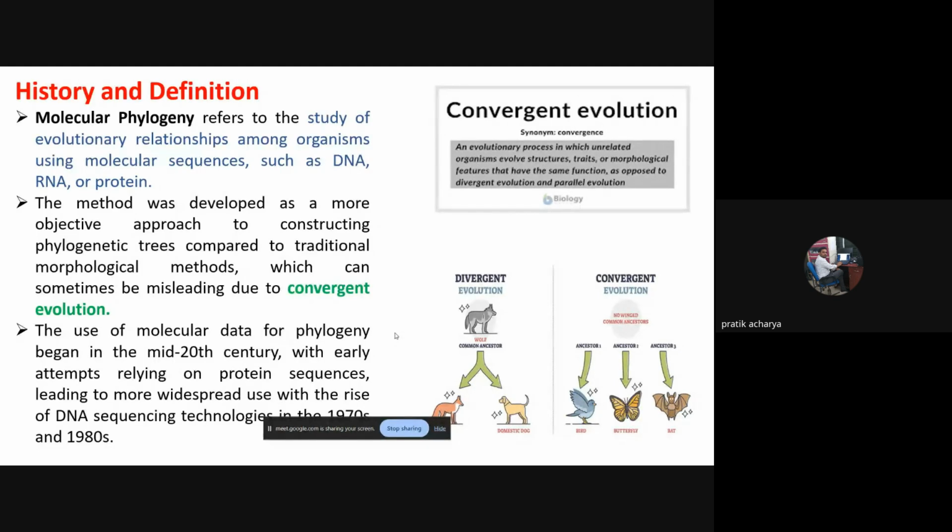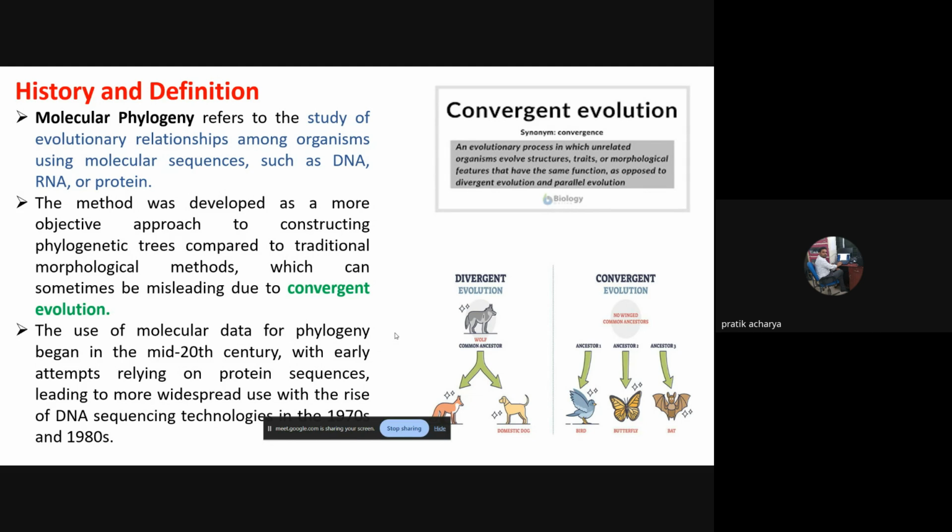Just look at these two pictures. For divergent evolution, if we look at the forelimb of birds, what are they meant for? They are meant for flying. The forelimbs are modified into wings. The picture is not here, just for example.